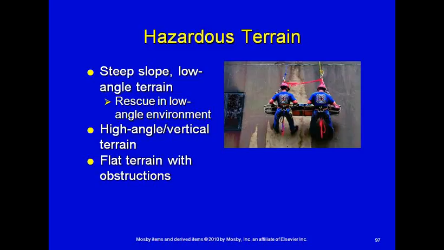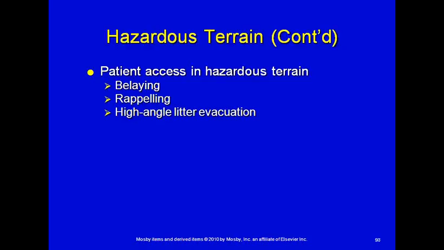You can have high-angle vertical rescues, as in the case of silos, grain bins, and of course now these wind generators. And you can have flat terrains with obstruction as well.